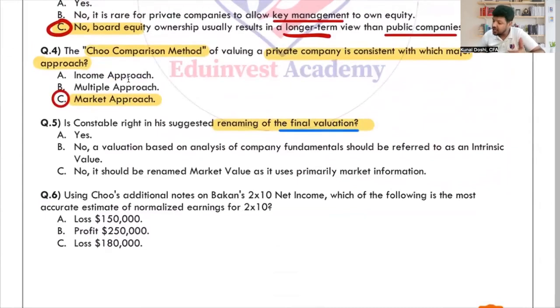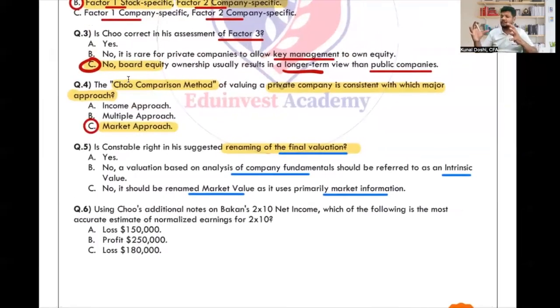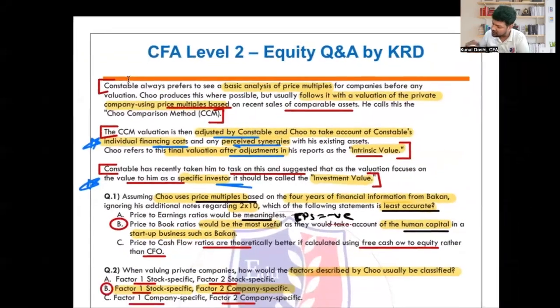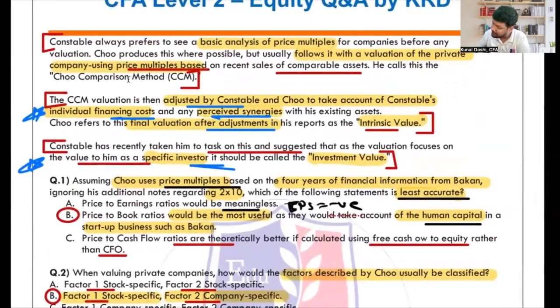The answer is either yes, no, a valuation based on analysis of the company's fundamentals should be referred to as intrinsic value, or it should be renamed market value as it uses primary information. Sounds so confusing. Is Constable right in his suggested renaming of the final valuation? See, what name did he prefer?